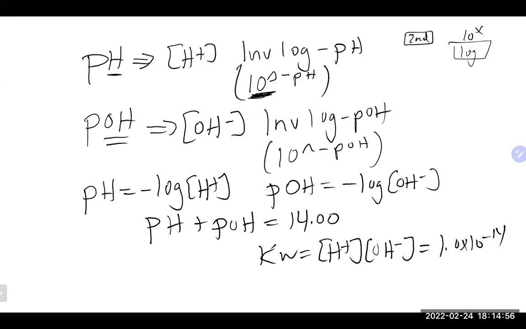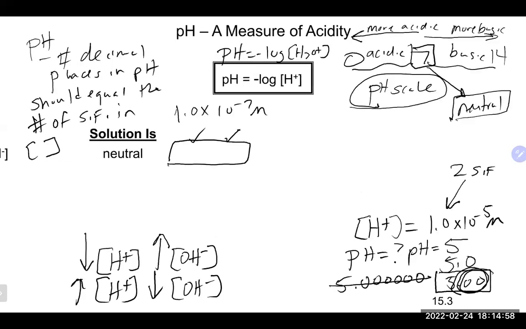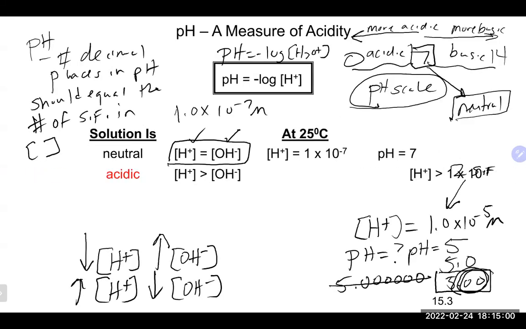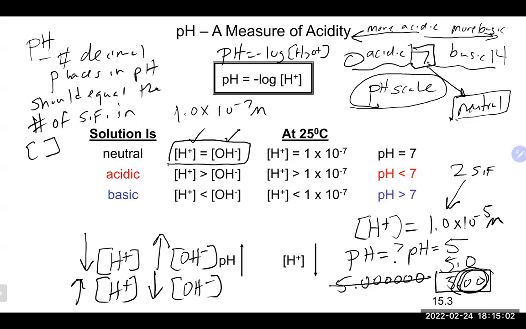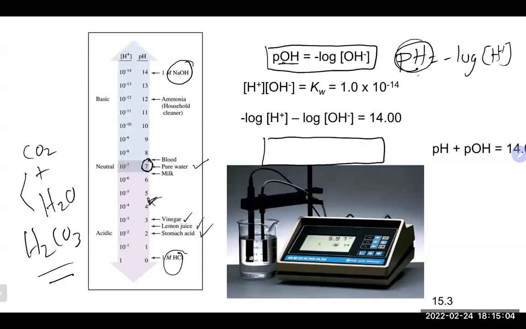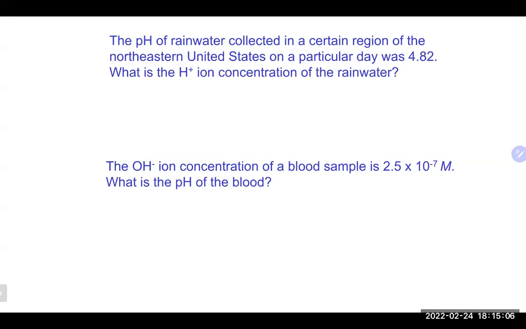All right, why don't we try some here so we can use our buttons and make sure our calculators work. The pH of rainwater that is collected is 4.82. Let's do everything to make sure our calculator works. Let's calculate the POH, the H plus, and the OH minus, and decide: is it acidic, basic, or neutral?